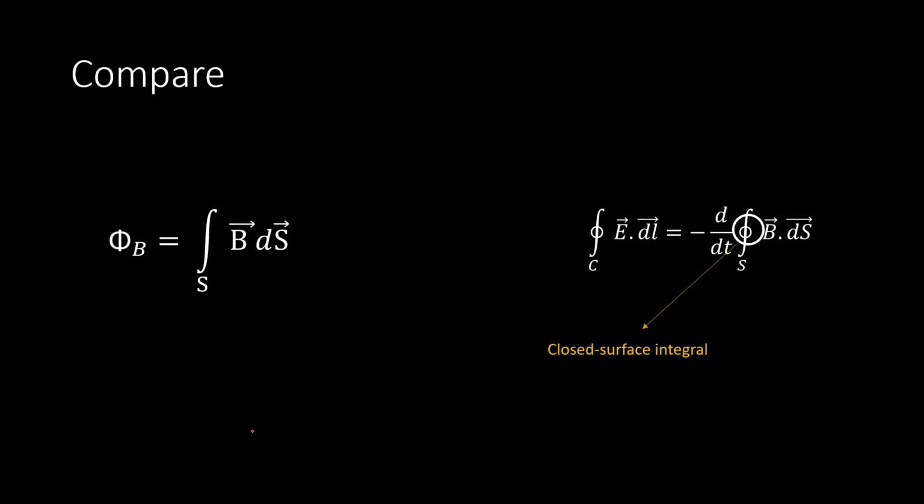Let's compare these two expressions. So first of all, we see it is very close to the right-hand side part of this expression. And this circle, what's the meaning of the circle in this expression? Well, the circle in the expression means closed surface integral.